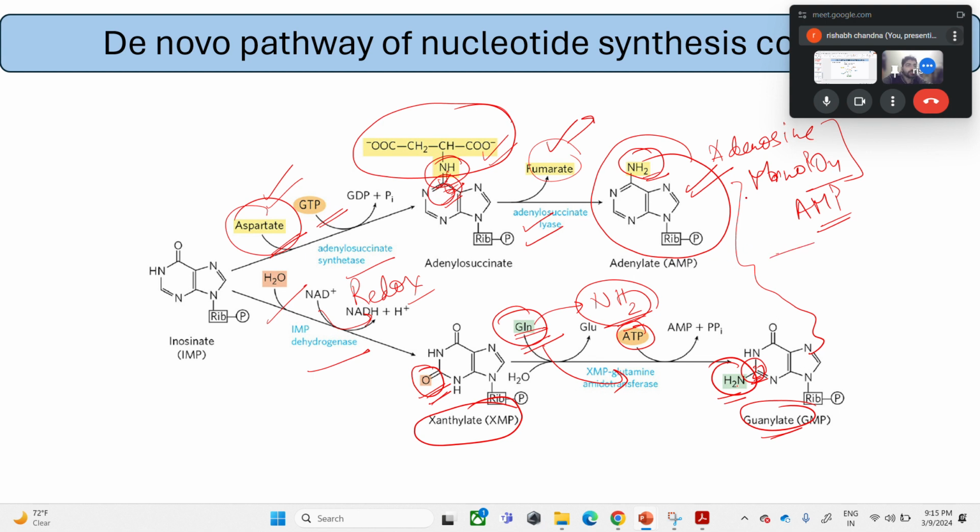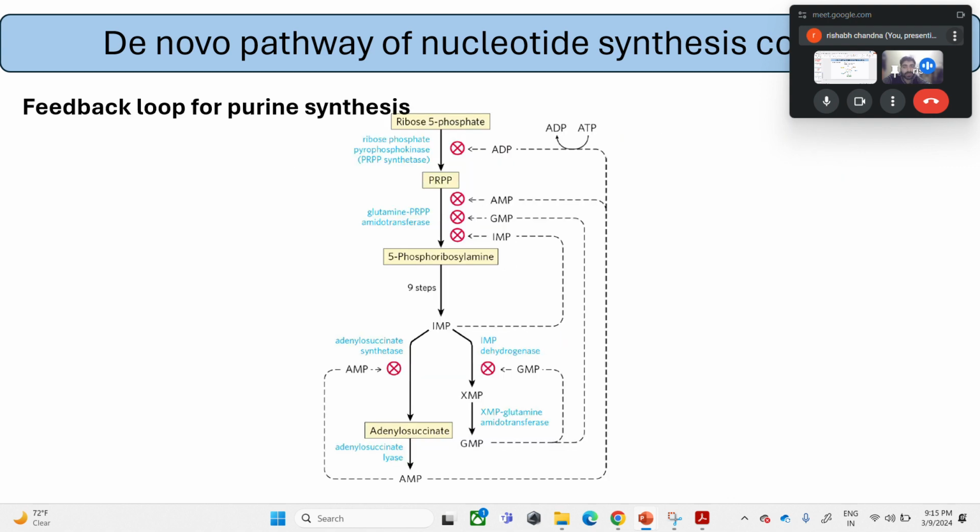Now moving on to the feedback mechanism of the purine biosynthesis using the de novo pathway. This is the basic feedback loop that follows. First is the IMP.